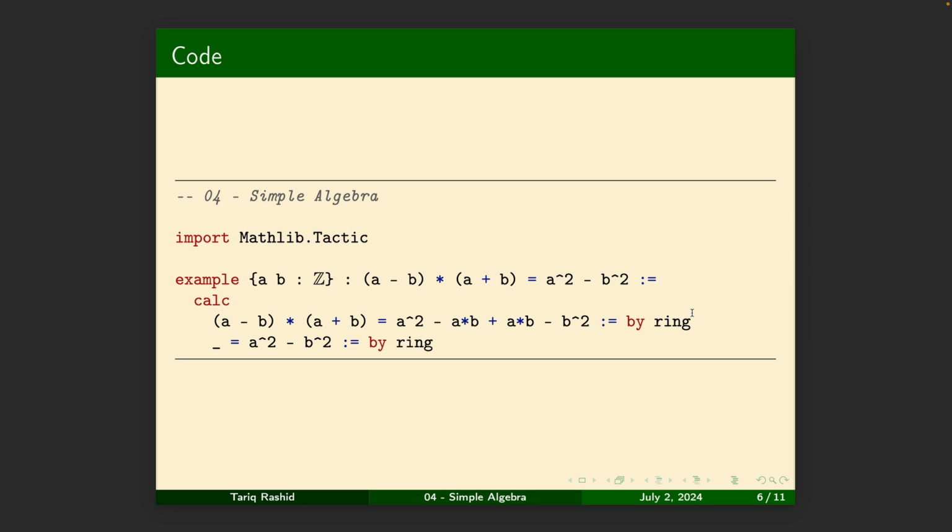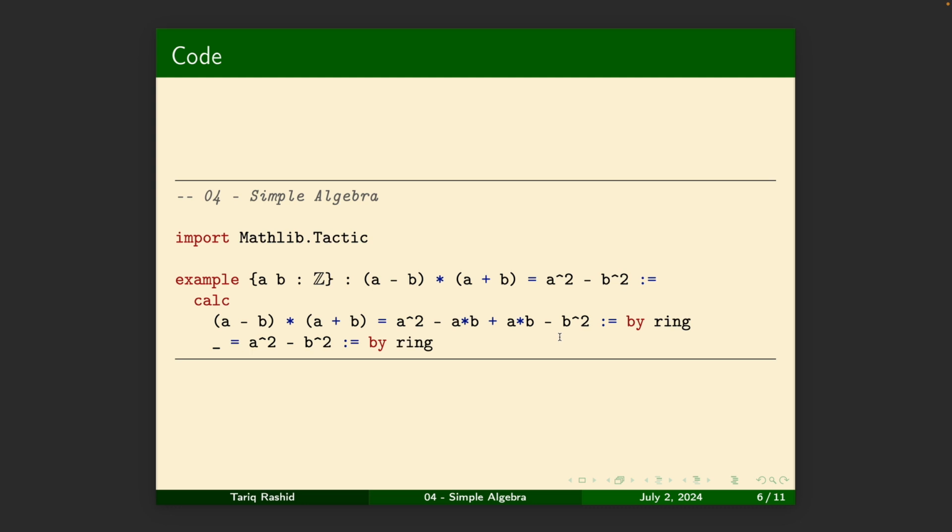You can Google that or look it up on Wikipedia. It's not essential for now, but it gives a little bit of justification for why it's called a ring. It's some of those arithmetical properties which allow Lean to do the algebra. So we've expanded out the brackets.